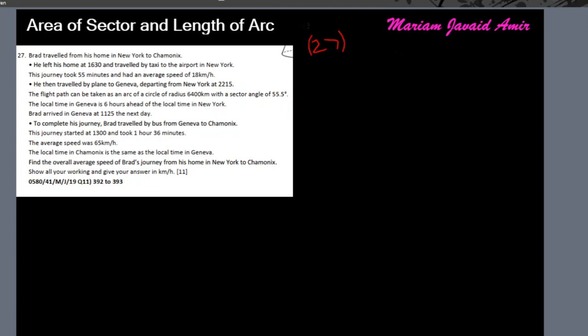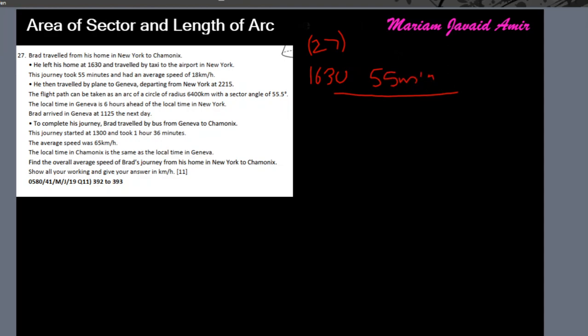Okay, so what does it say? Brad traveled from his home in New York to Chamonix. I hope I'm pronouncing it right. He left his home at 16:30 and traveled by a taxi to the airport in New York. The journey took 55 minutes, so this is the first part of the journey.